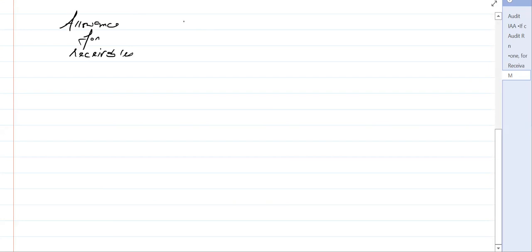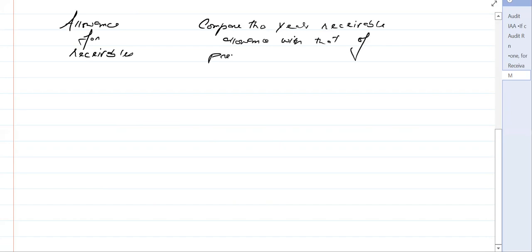Okay, starting with the A. Compare this year receivable allowance with that of previous year and investigate differences.